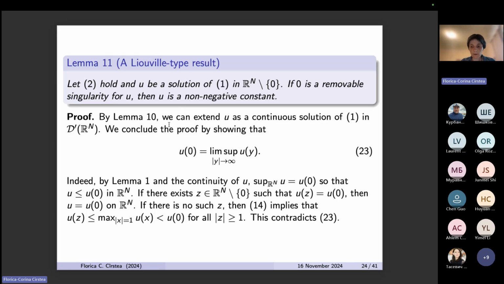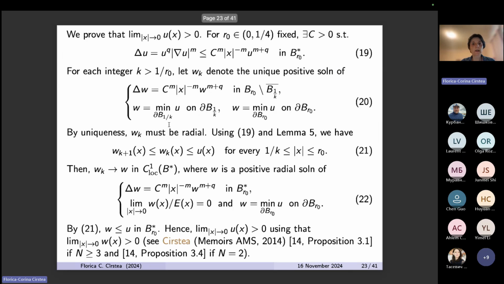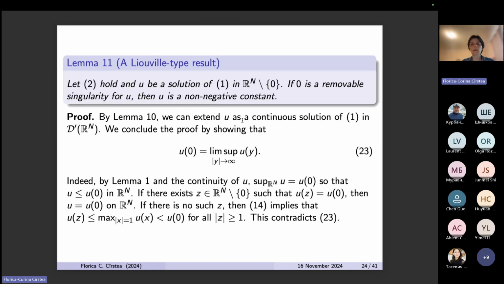So already from the result that I have just shown, because we have a removable singularity case, we know that the solution can be extended as a continuous solution in the sense of distributions in R^n. And then all we need to do is prove that u(0) equals the limit superior of u at infinity. Once we prove that, we are done.